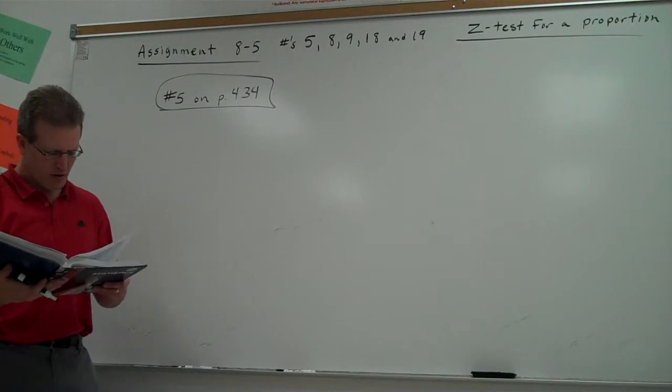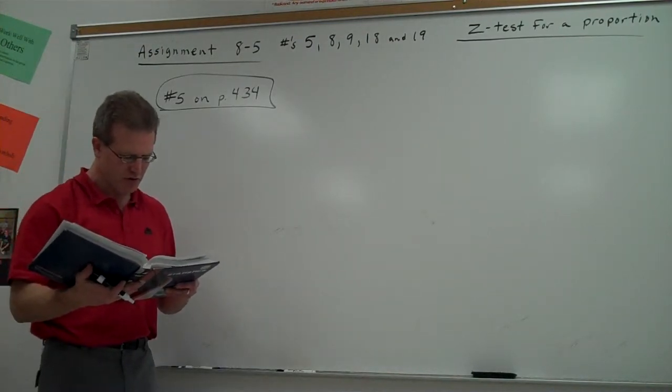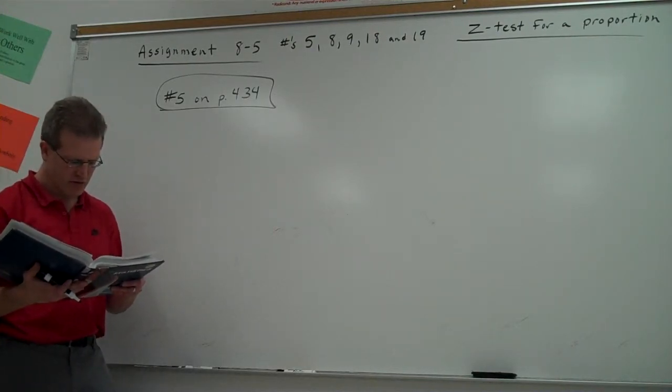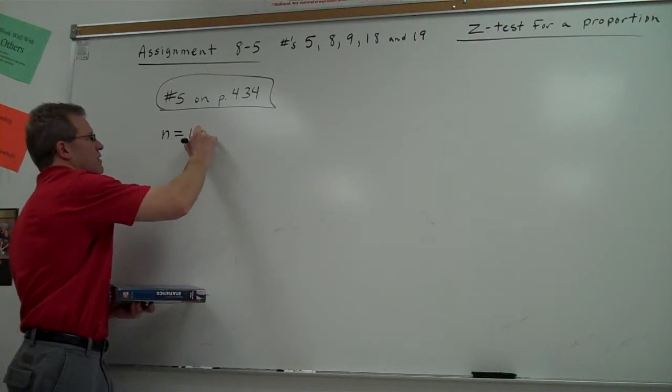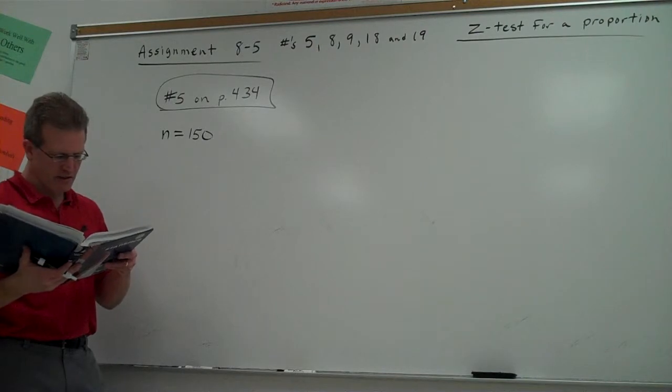Here's the problem. A recent survey found that 64.7% of the population own their homes. In a random sample of 150 heads of households, so n equals 150 on this one, 150 households, 92 responded that they own their own home.